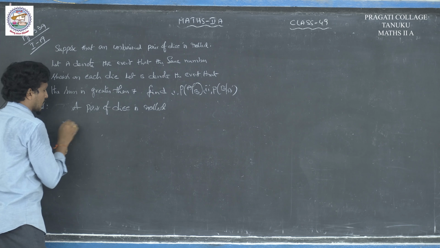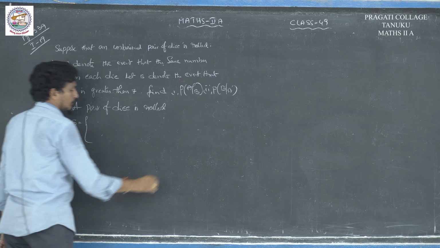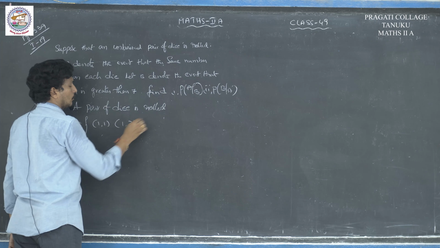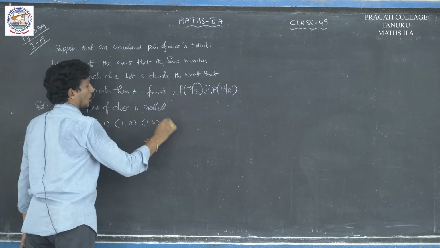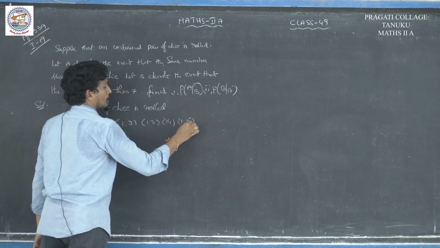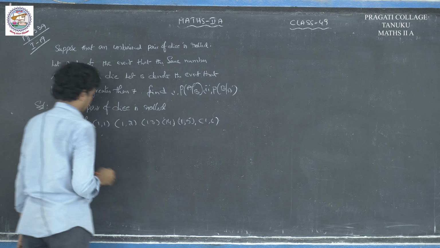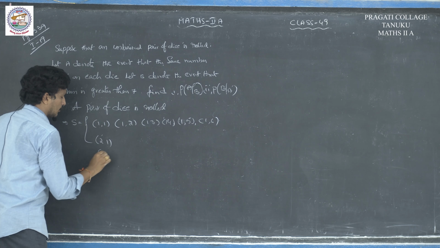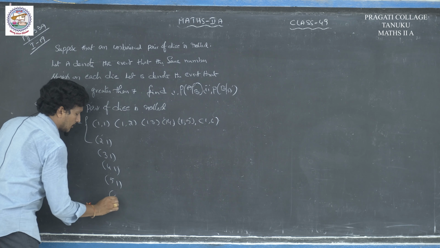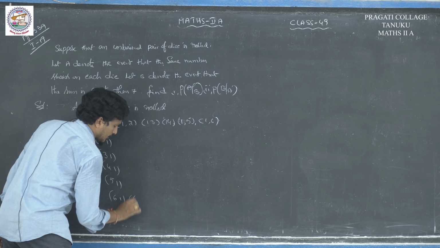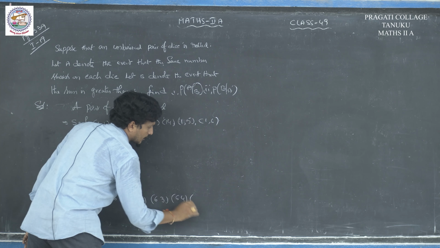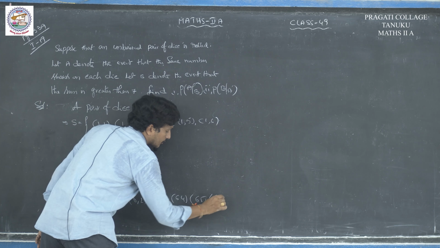Then the possibilities are S equals 1 1, 1 2, 1 3, 1 4, 1 5, 1 6, 2 1, 3 1, 4 1, 5 1, 6 1, 6 2, 6 3, 6 4, 6 5, 6 6.